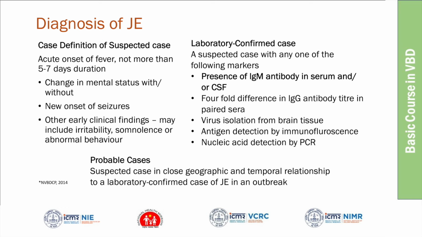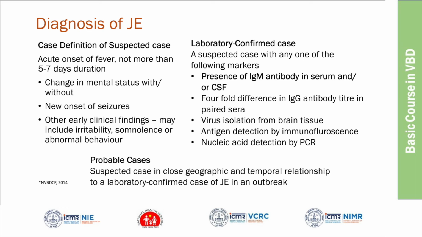But in India, the most commonly used laboratory test is the IgM ELISA capture, the first one that I have highlighted in bold. That is what is used most commonly across laboratories to confirm a JE case.